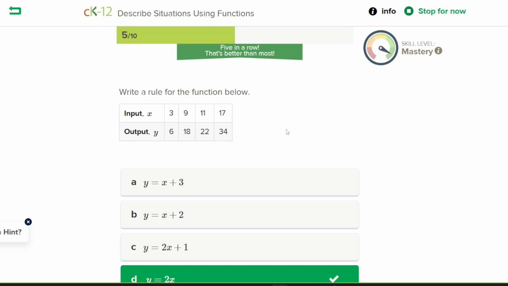Assign them a letter or some expression, like X or Y or M or B, like I was doing earlier. And then, of course, you're going to have to go back through and try to model the situation as best you can with some sort of equation or inequality or system of equations or system of inequalities that fit the scenario, and use that to help you answer whatever question needs to be answered.